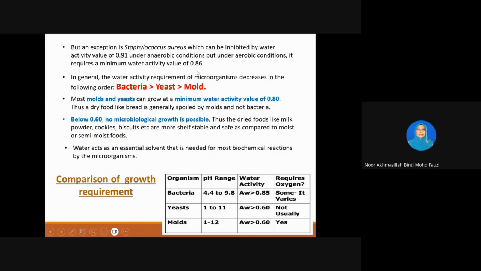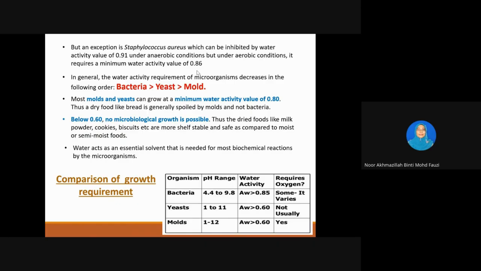As we mentioned previously, the water activity related to microorganisms depends on the type of microbe itself. For example, Clostridium botulinum is a concern for food which has a water activity of more than 0.9, whereas Staphylococcus can work in two different conditions, anaerobic or aerobic. For anaerobic, it can be inhibited at a water activity of 0.9, but for aerobic conditions, with the help of oxygen, it needs a water activity of 0.86.